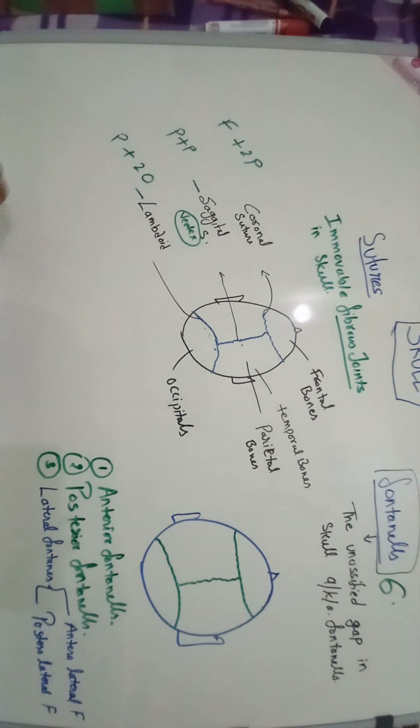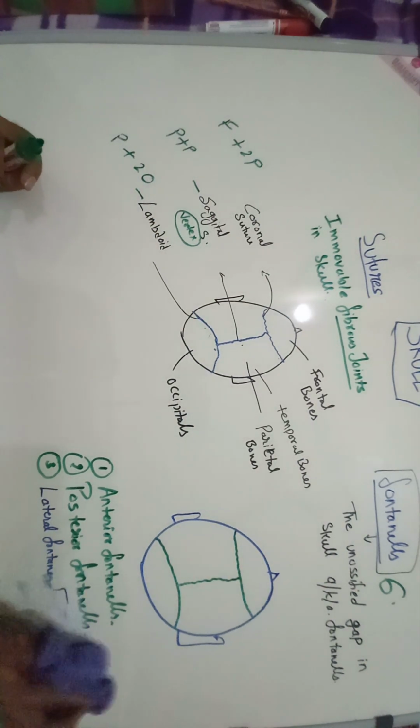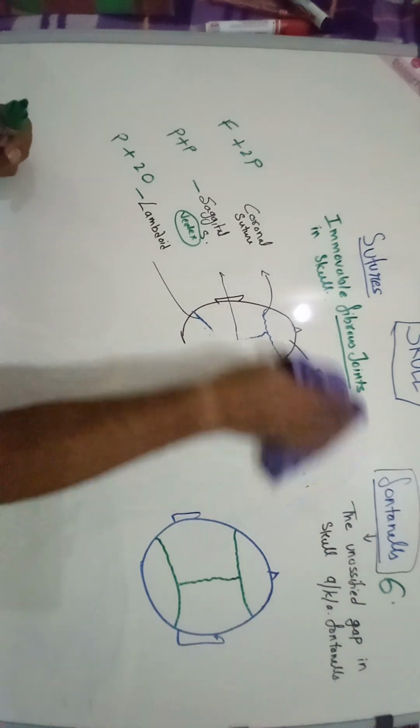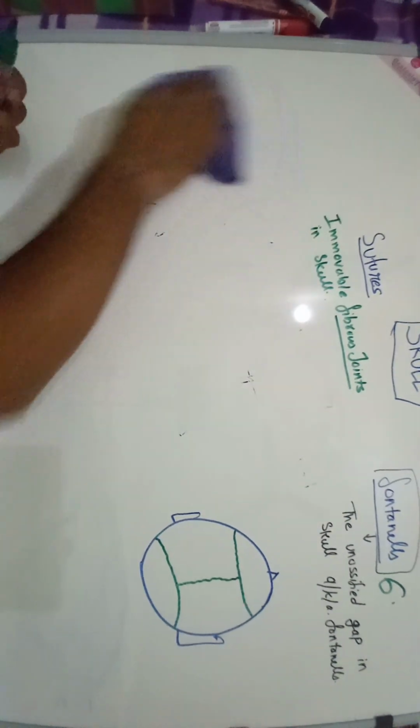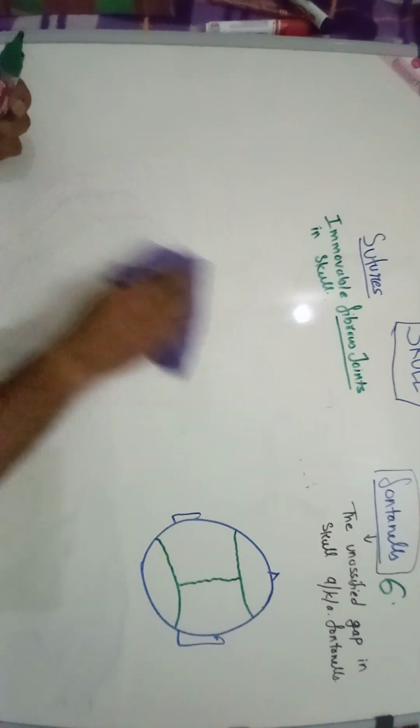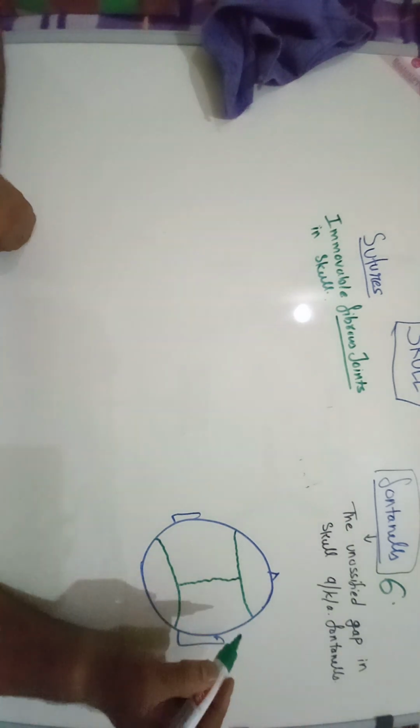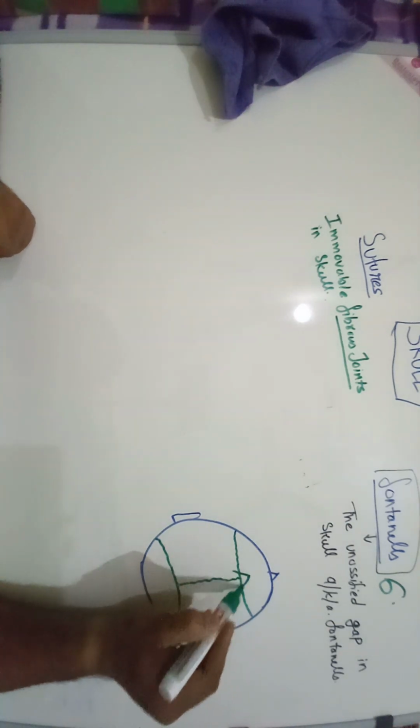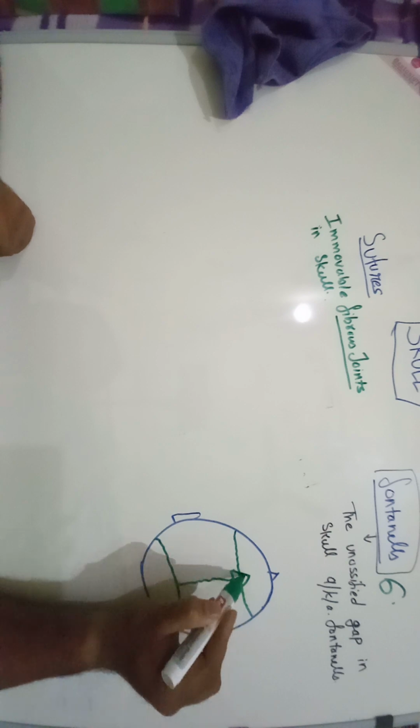Write it. Then, how do they appear in the skull? And this one is also called bregma.